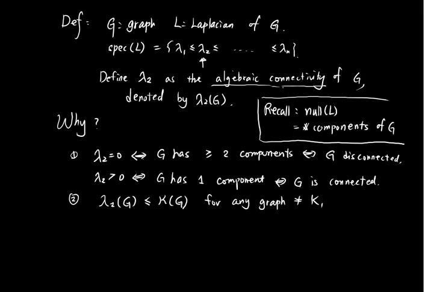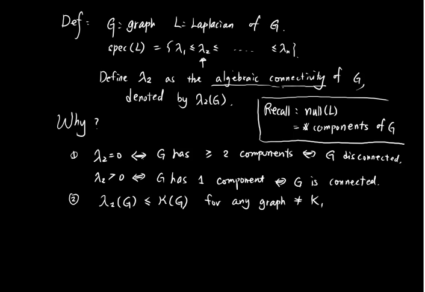I don't really know what the kappa of K1 is, so forget about that. But starting from K2 and anything with at least 2 vertices, this inequality holds. So basically that's all I wanted to say. This lambda 2 is called the algebraic connectivity because it is a lower bound for the vertex connectivity.